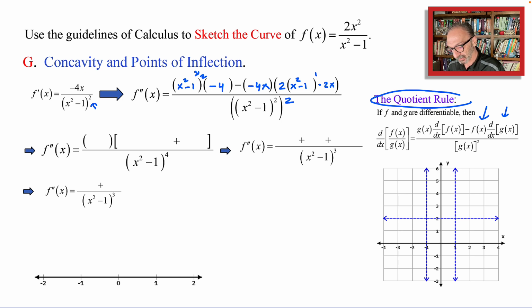Now, notice that x to the second minus 1 repeats also right here. So instead of multiplying everything, let's take it out as a common factor. And that's going to go right here. We're going to take one of them, because that's the greatest that we could take. I know the first part has 2, but we only could take 1 as a common factor. So we have x to the second minus 1 to the first.